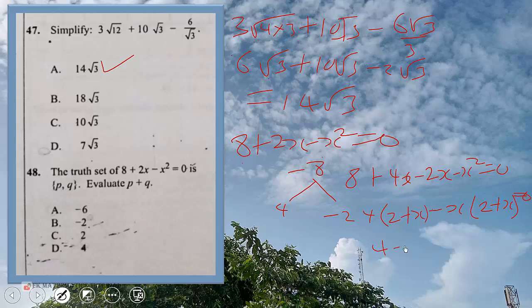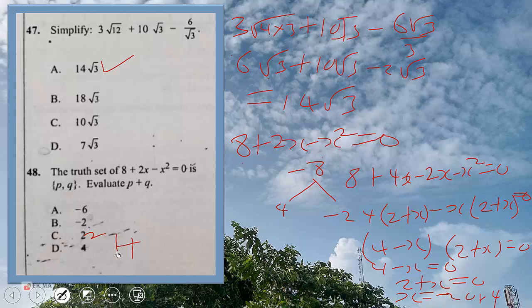So 4 minus x into 2 plus x equals 0. So 4 minus x equals 0, or 2 plus x equals 0. So x equals negative 2 or positive 4. So when we add negative 2 and positive 4, we get 2. Correct answer is C.